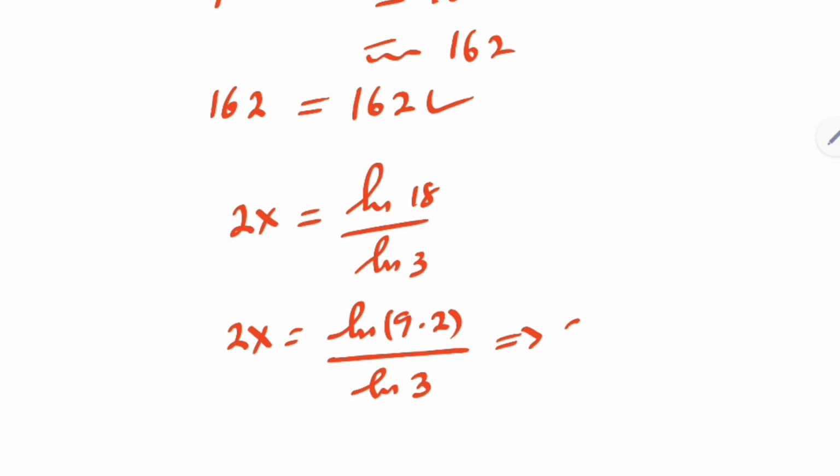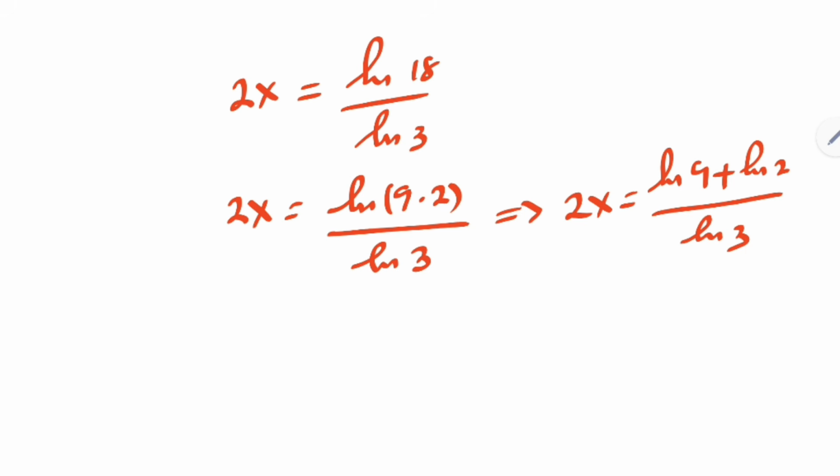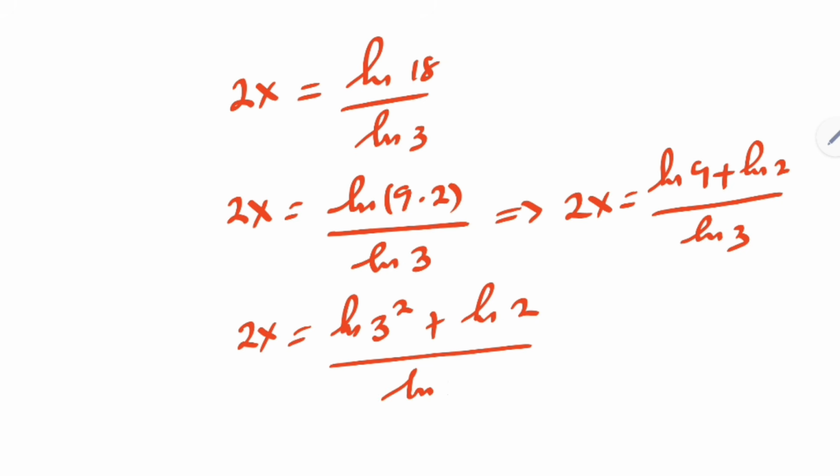And this is 2x is equal to ln of 9 plus ln of 2 over ln of 3. Then 2x will be equal to ln of 9, which can be written as ln of 3 squared, plus ln of 2 over ln of 3.